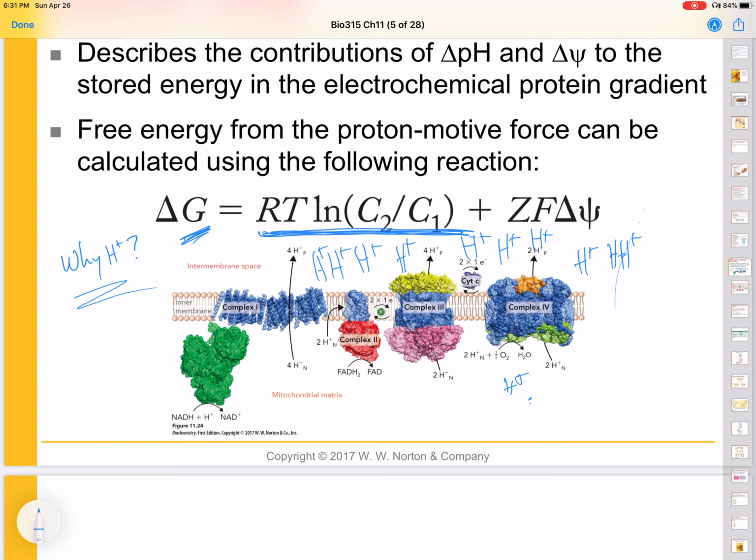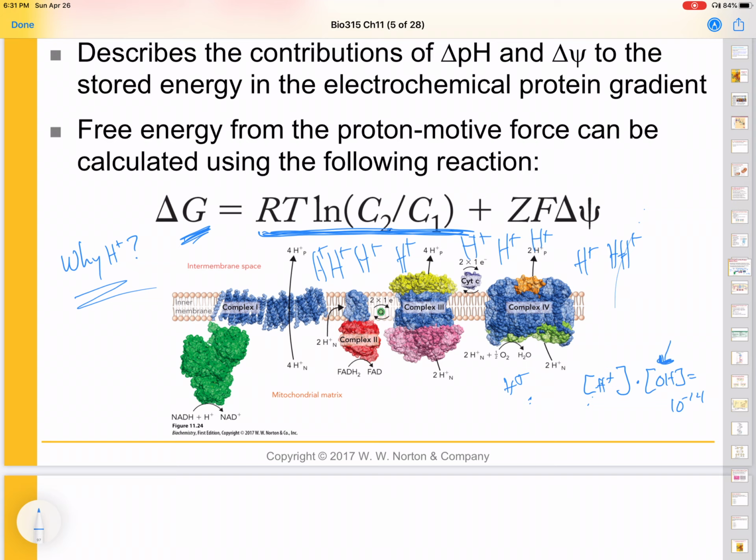I mean, we could have done this with sodium or something like that. But what do we know from our studies of acid-base chemistry? We know that the proton concentration times the hydroxide concentration is always equal to 10 to the minus 14. So whenever you remove a proton here, you increase your hydroxide concentration.